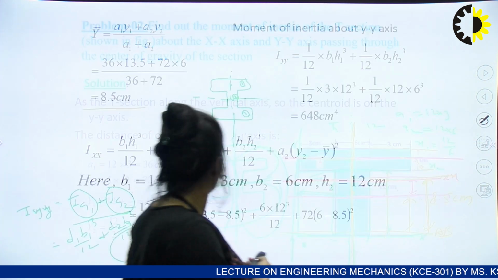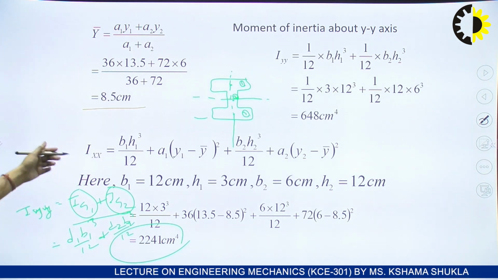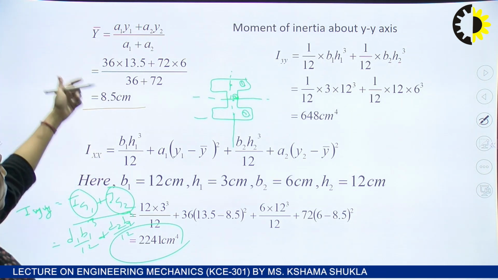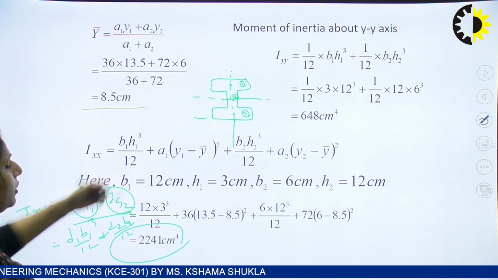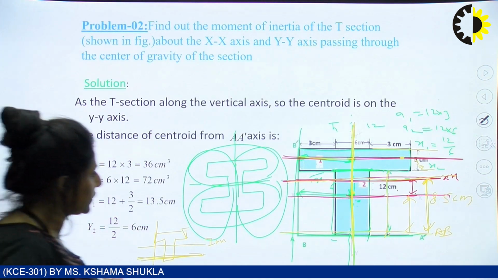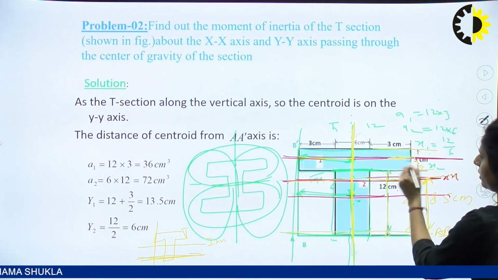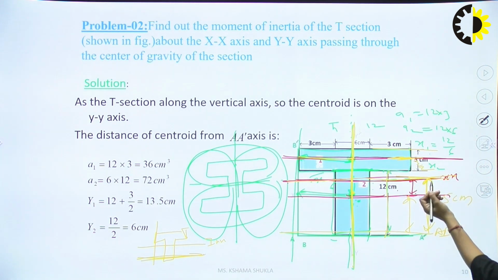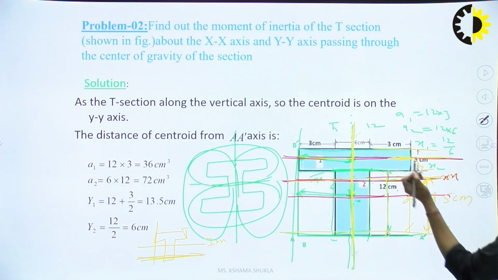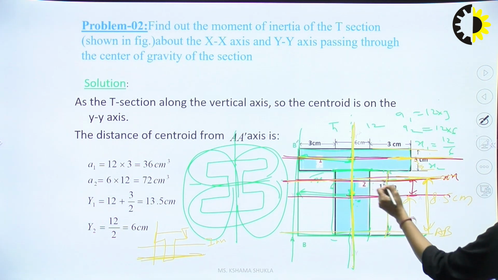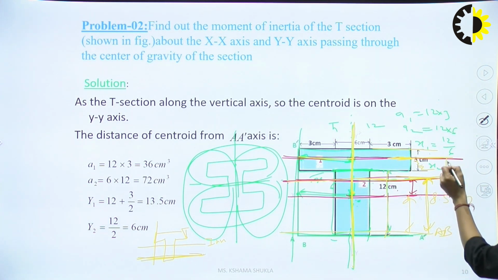Now use IXX directly. B1, H1, you know that; A1, you know that. Similarly, the distance between the first axis and the reference axis. This one is the neutral axis of the composite section, so h bar is this.